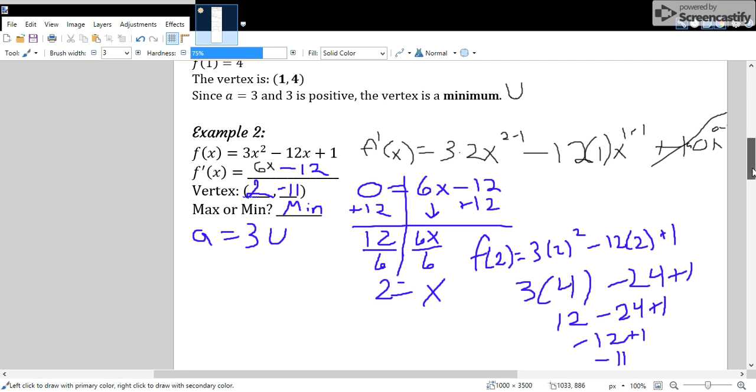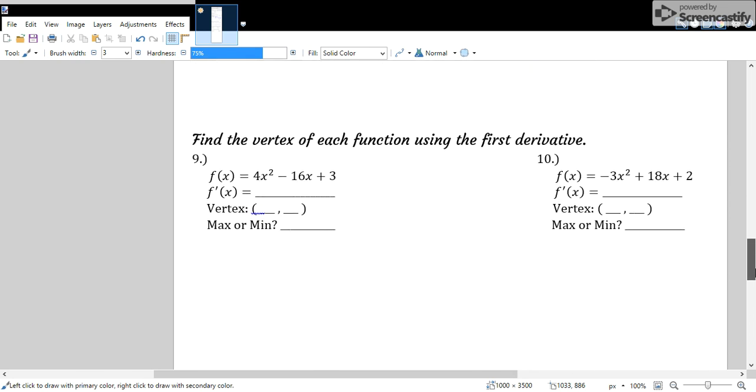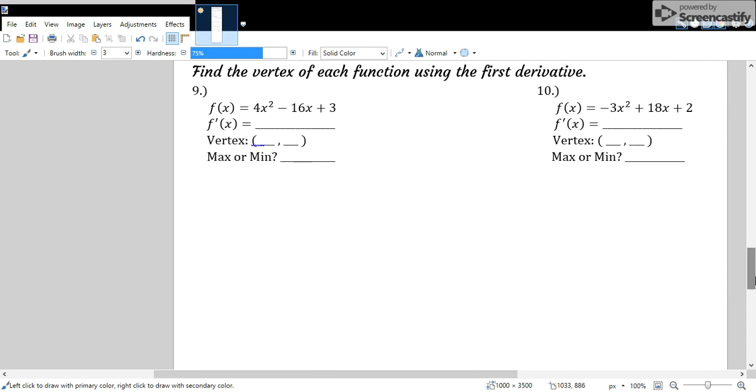Okay, turn over to the back. Let's do one more together. Let's do number 10. F of x equals negative 3x squared plus 18x plus 2. Let's find the first derivative using the power rule.